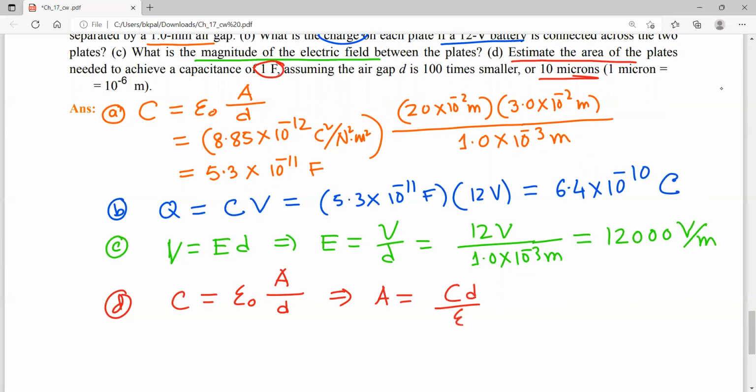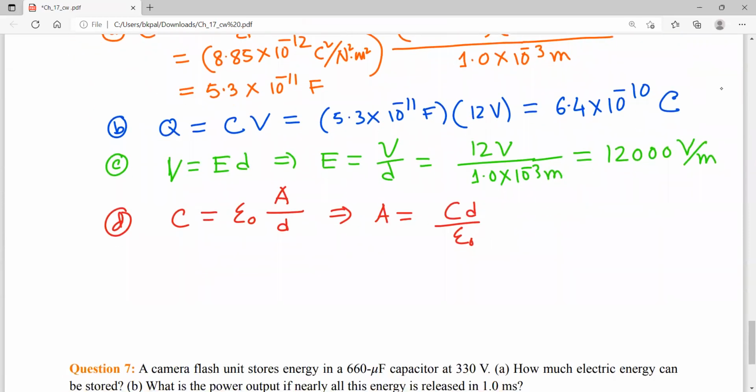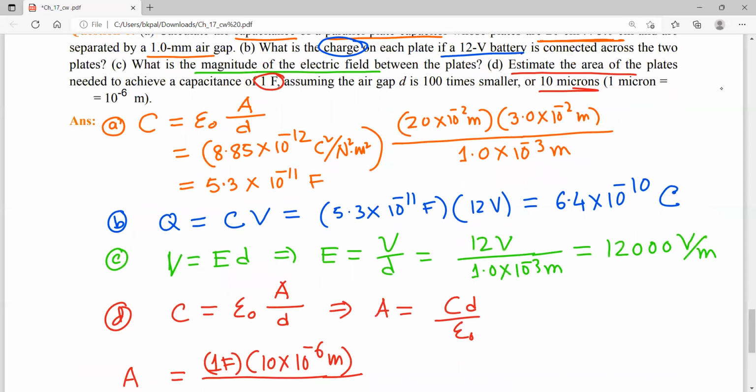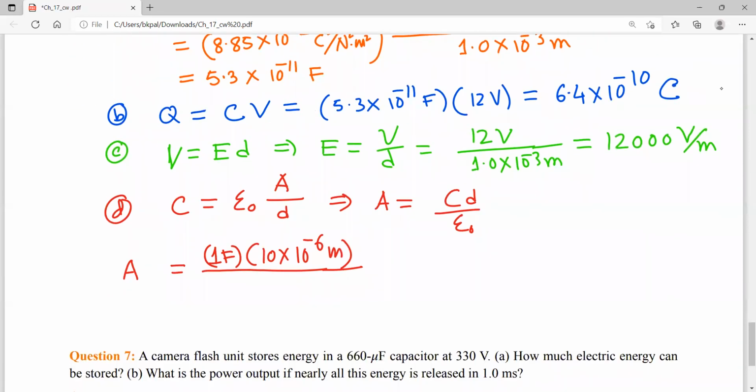If I solve this for A, I get C D over epsilon 0. Here C is 1 farad, they already told us, and D is 10 micron. 1 micron means 10 to the power minus 6 meter, so 10 micron means 10 times that.